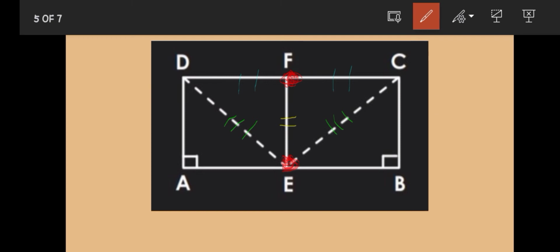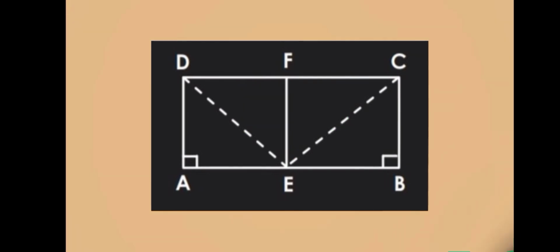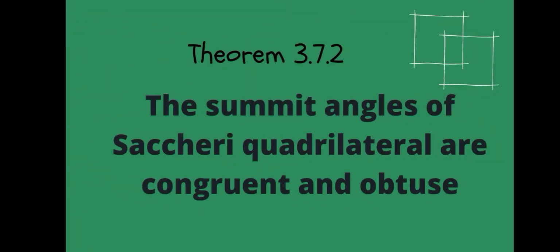Therefore, we have proved that the segment joining the midpoints of the base and summit of a Saccheri quadrilateral, which is the line EF, is perpendicular to both. Next, let's proceed to Theorem 3.7.2. The summit angles of a Saccheri quadrilateral are congruent and are obtuse.